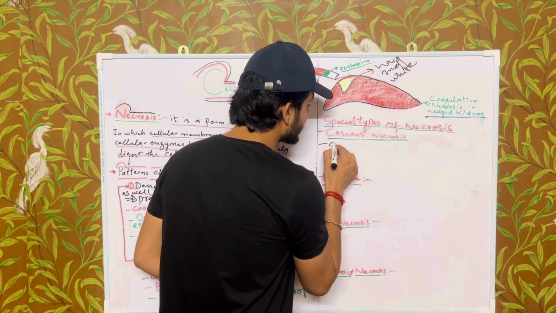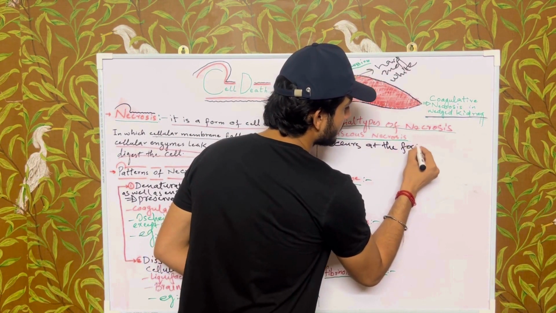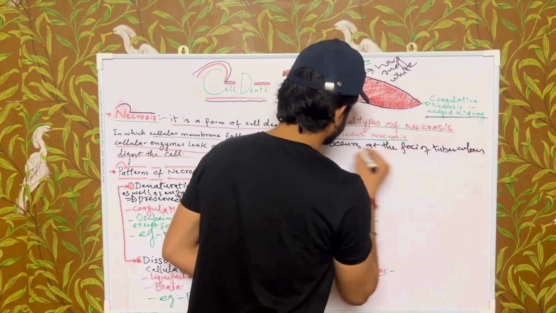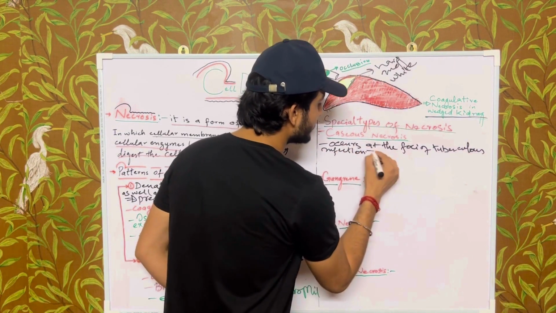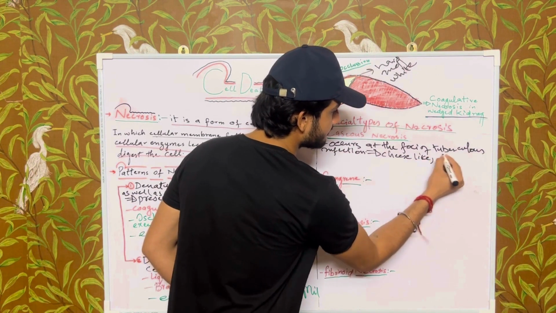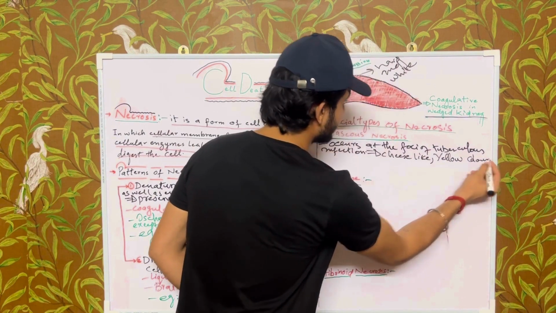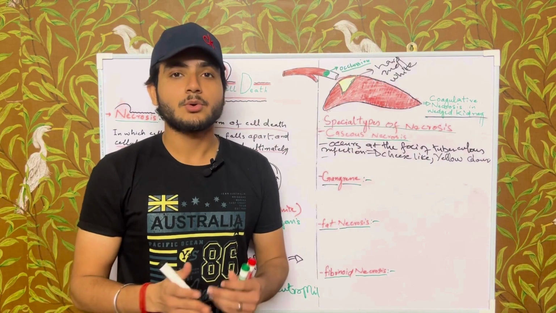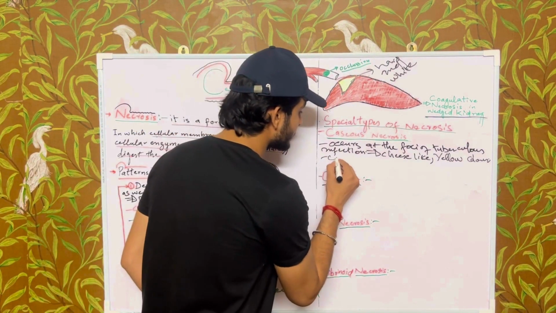Caseous necrosis mostly occurs at the foci of tuberculous infection, appears cheese-like, yellow in color, hence named caseous. You must also remember that caseous necrosis is a combination of coagulative as well as liquefactive necrosis.